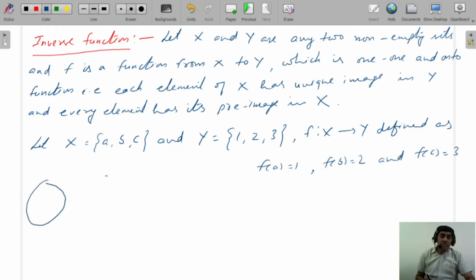Graphically, we see capital X, A, B, C, capital Y, 1, 2, 3. f is a function from X to Y such that image of A is 1. That means A is associated with 1, B is associated with 2, C is associated with 3.